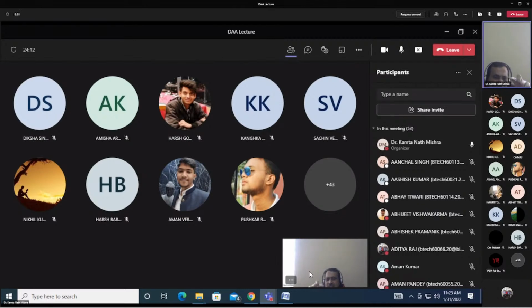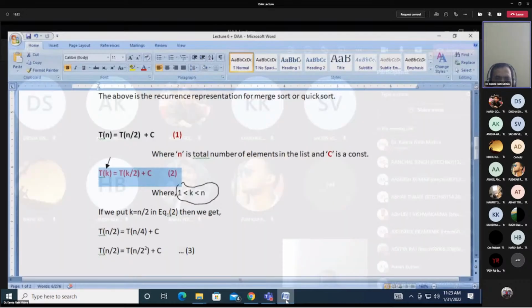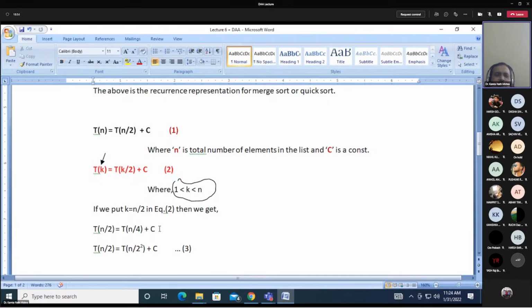If the number of elements is less than 10, say 6, will you not divide this smaller list into 2 parts? Yes, you will divide. So the same thing will be true for T(k) also. T(k) equals T(k/2) plus C. This is your equation number 2.